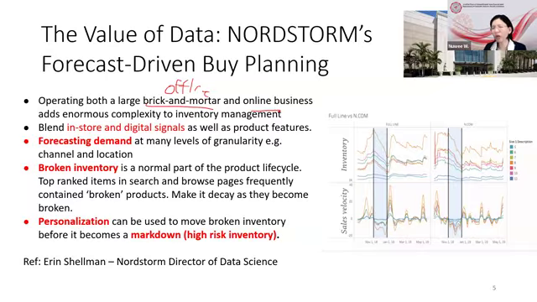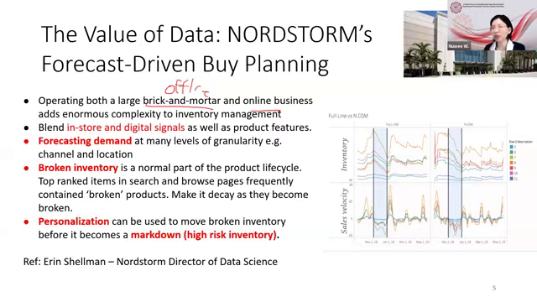So it's difficult to manage the product inventory. So what Nordstrom uses is forecasting demand at many levels of granularity. That means which channel and which location it comes from.